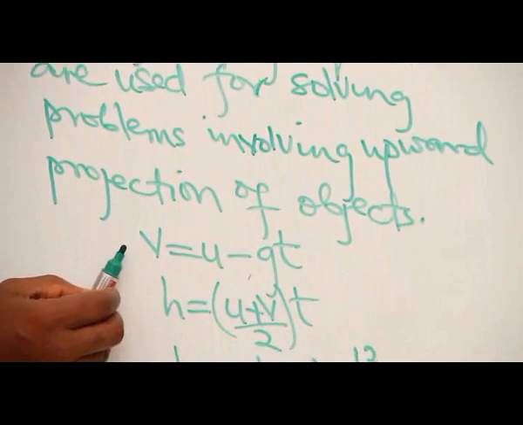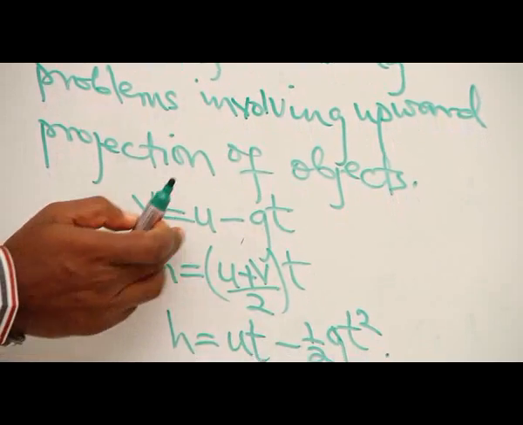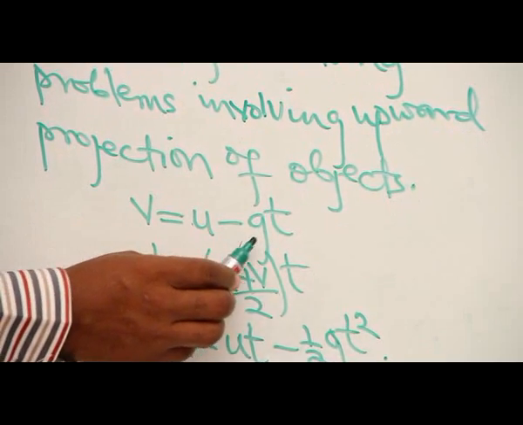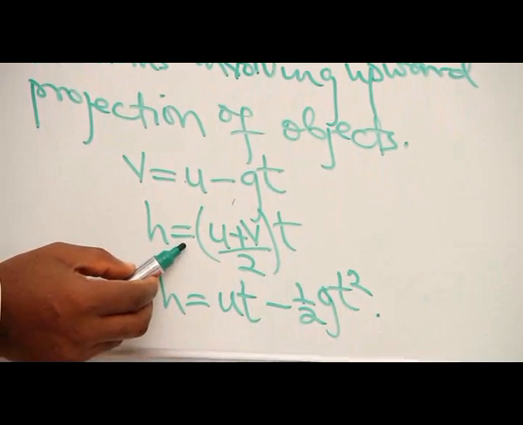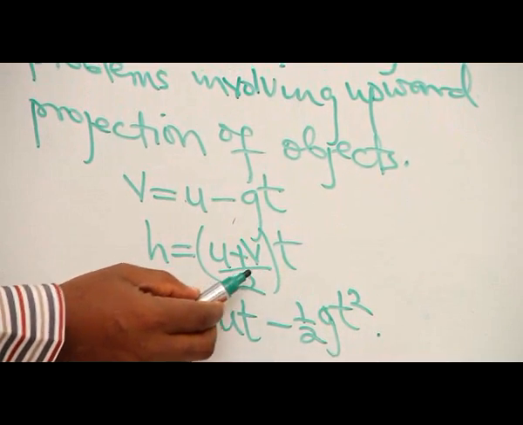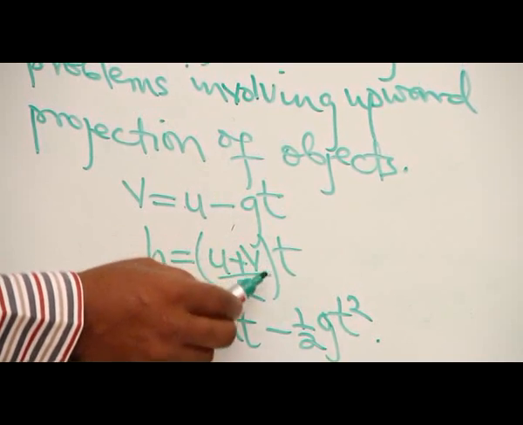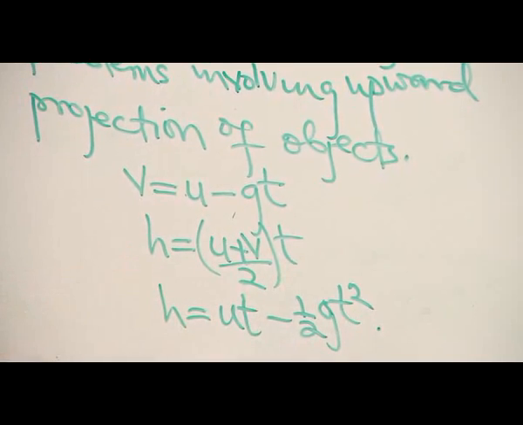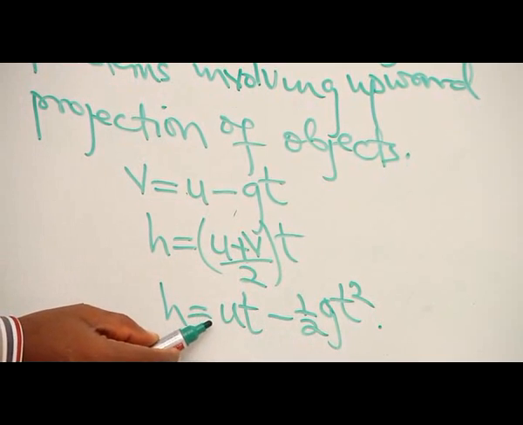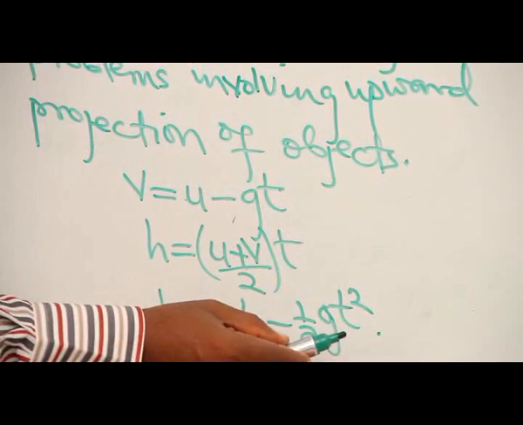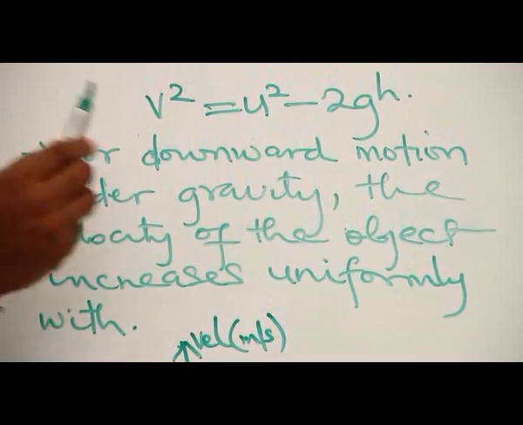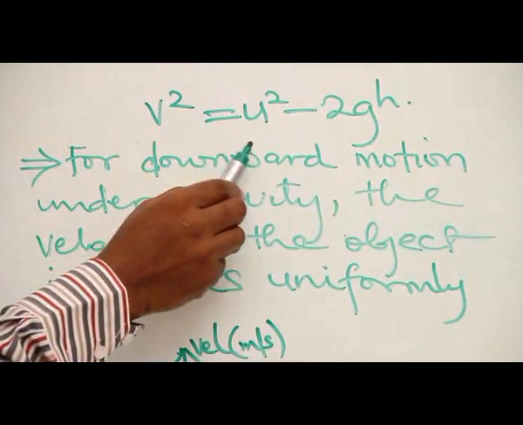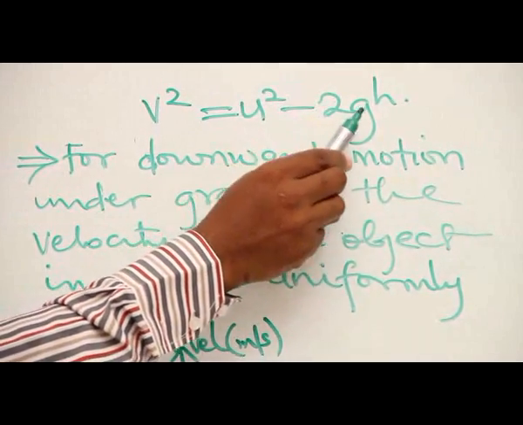Number 1, v equal to u minus gt. Number 2, h equal to (u plus v) divided by 2 times t. Number 3, h equal to ut minus half gt squared. Number 4, v squared equal to u squared minus 2gh.